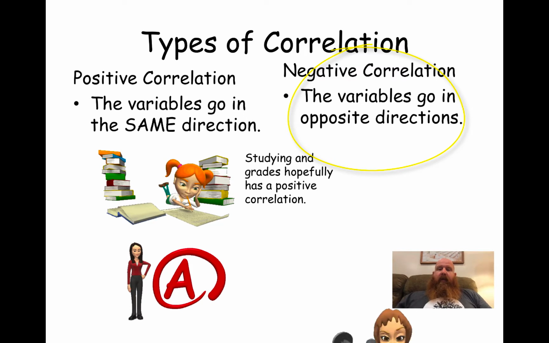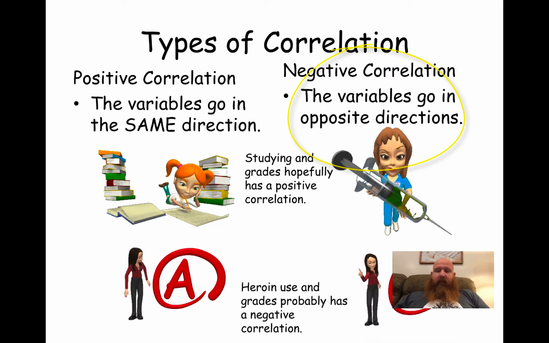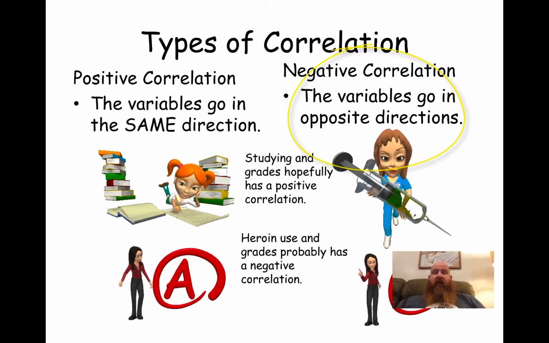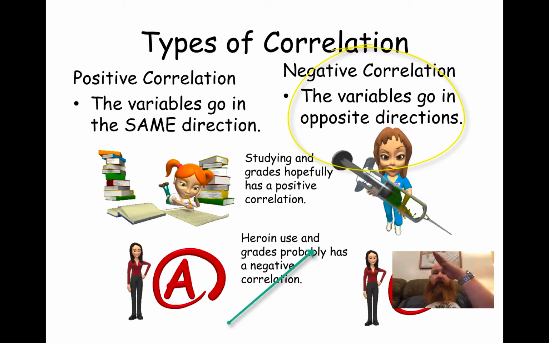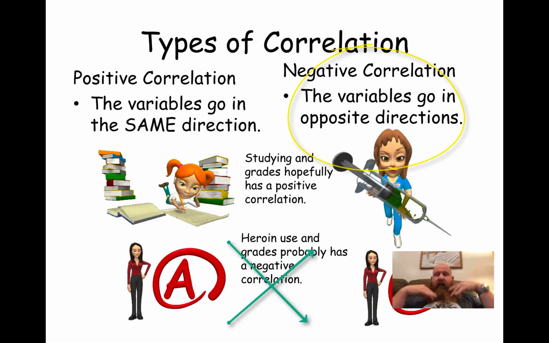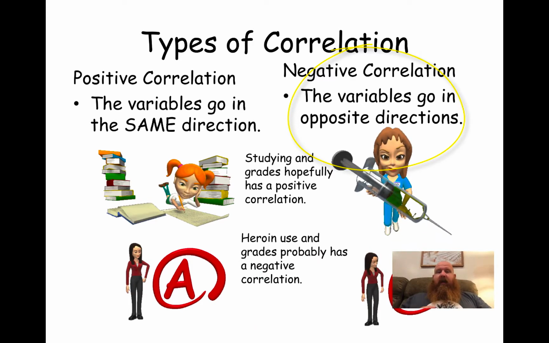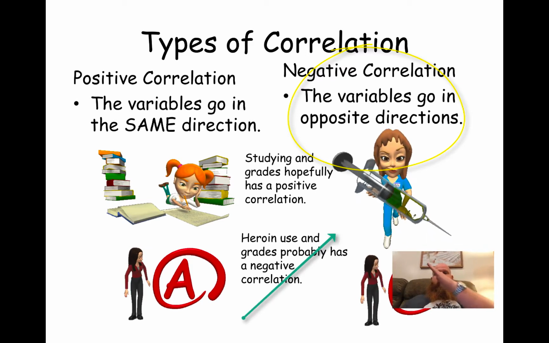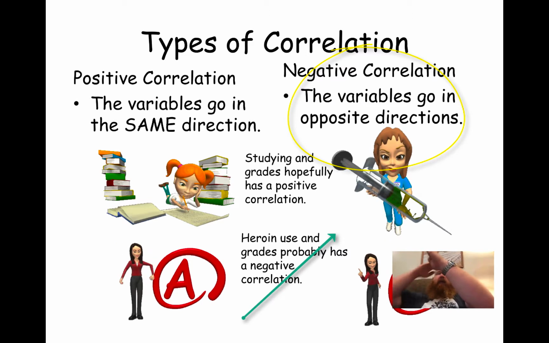For example, heroin use and grades probably have a negative correlation. The higher the heroin use, the lower the grades. Does that make sense? If this area right here is a graph and we're doing X, Y, the more heroin you use, the lower your grade's going to be.